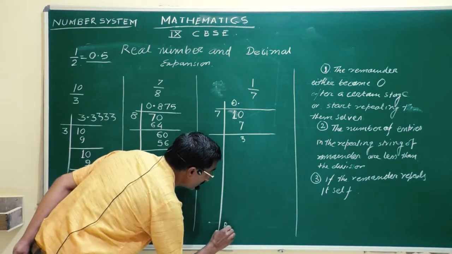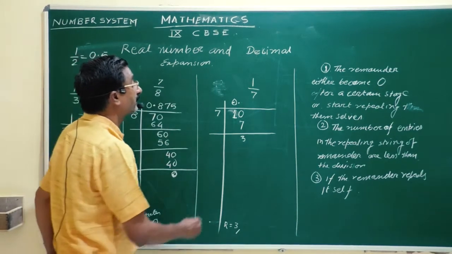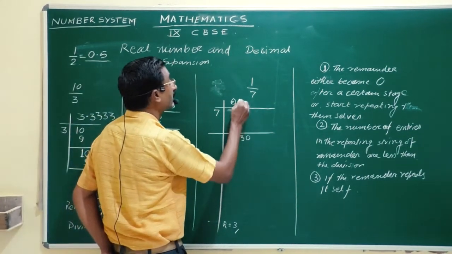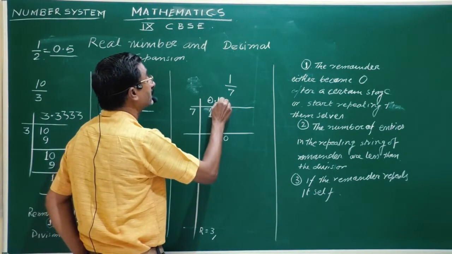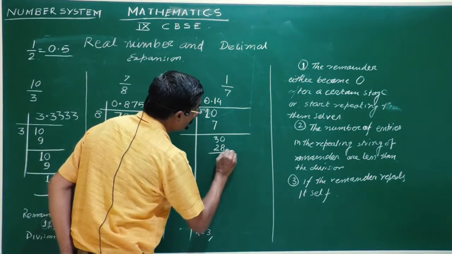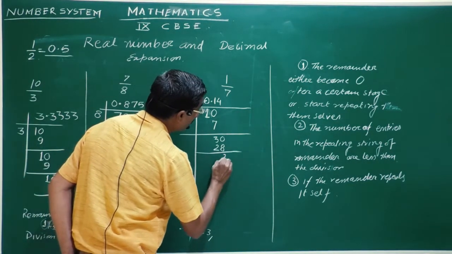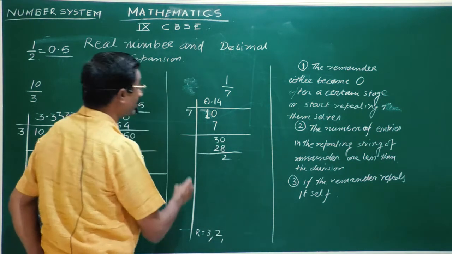I will write remainder here is equal to 3. First one. Then 0 here. 7 4s are 28. So the remainder is 2. The remainder is 2.